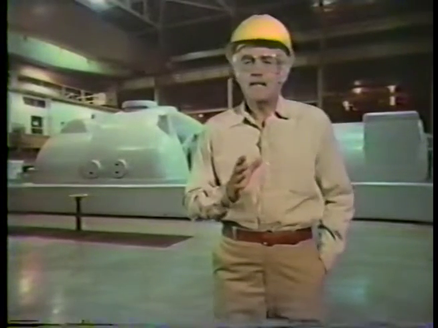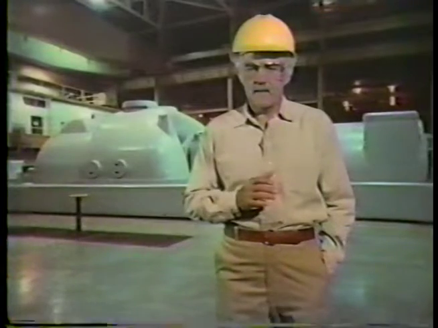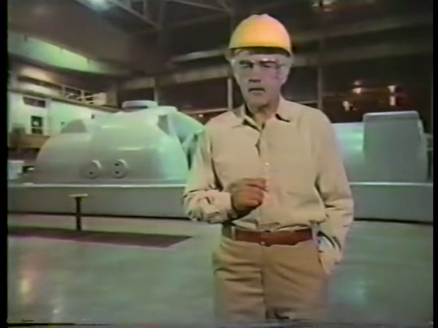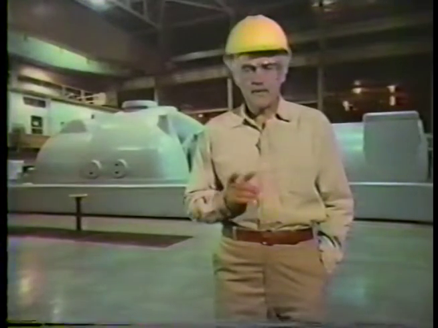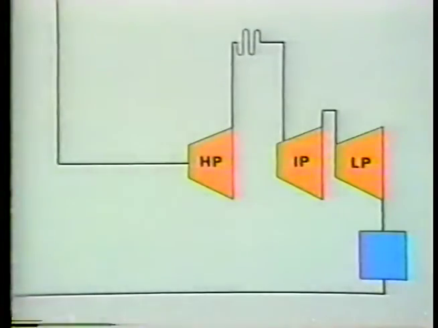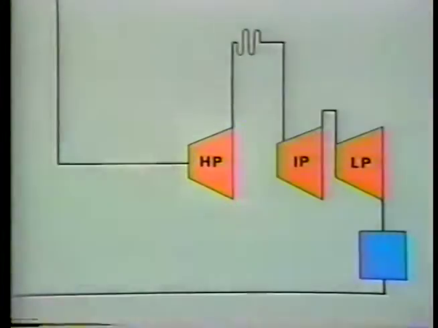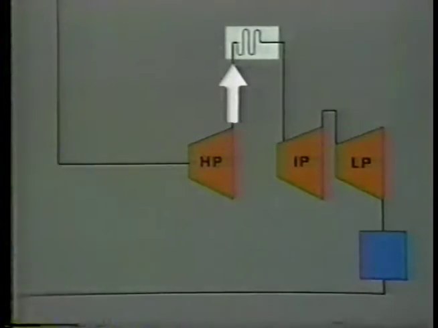To get a better idea of the functions of the turbine valves, let's look at a simplified diagram of the steam's flow path through a typical turbine. Steam from the superheater section of the boiler travels to the high pressure, or HP turbine. From the HP turbine, steam flows through the reheater for additional heating.